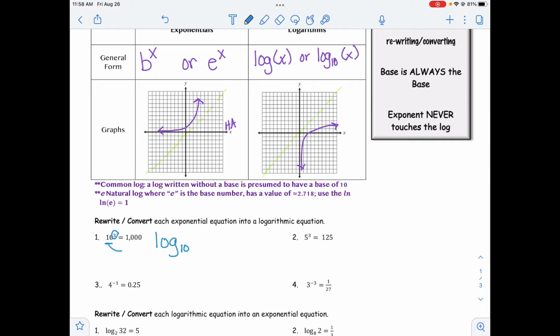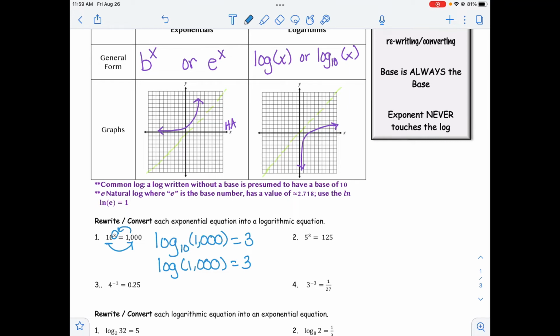So it's log of what? 1,000 equals our exponent. Now because this is a base 10, a common log, we could also write this as log 1,000 equals 3. Those are exactly the same thing.